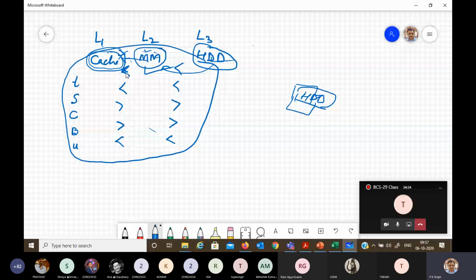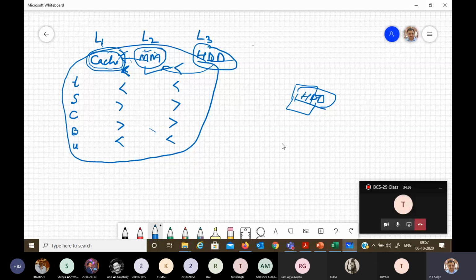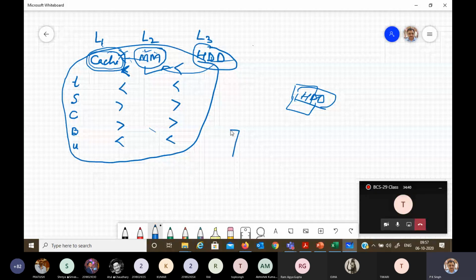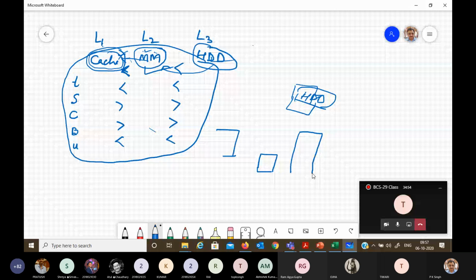Actually, how it is being used is like this. You have a processor, a cache memory, primary memory, and here you have secondary memory.